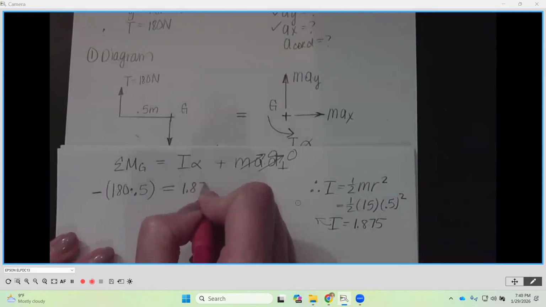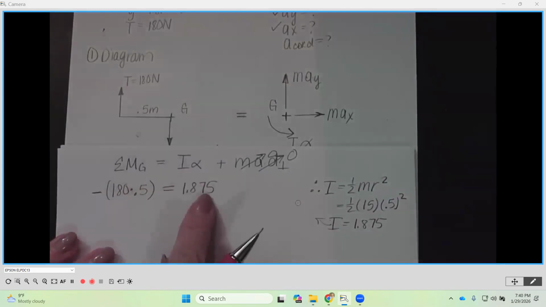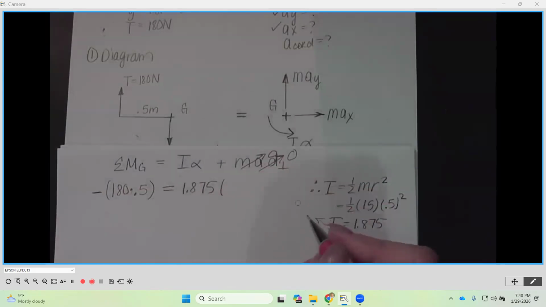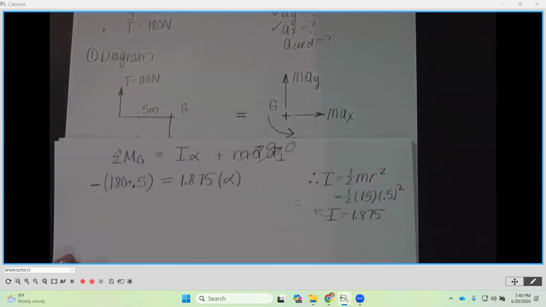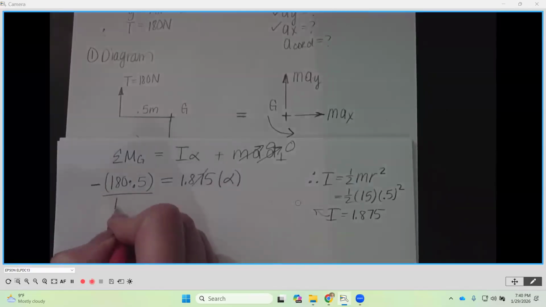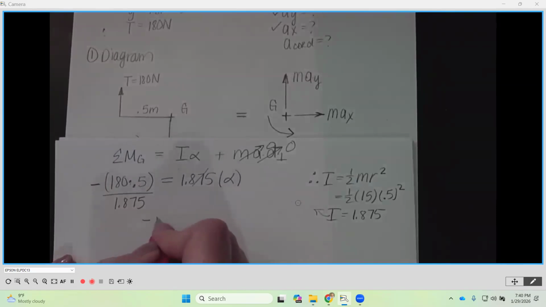So 1.875 is going to be our I times the angular acceleration. Okay, so that's going to be our unknown value. All right. So now when we do this, we're going to divide both sides by 1.875, and we're going to get a negative 48 radians per second squared.